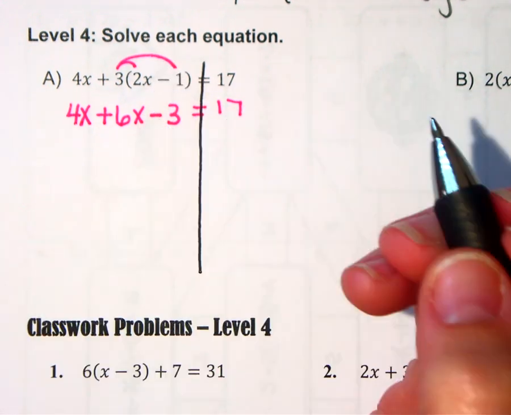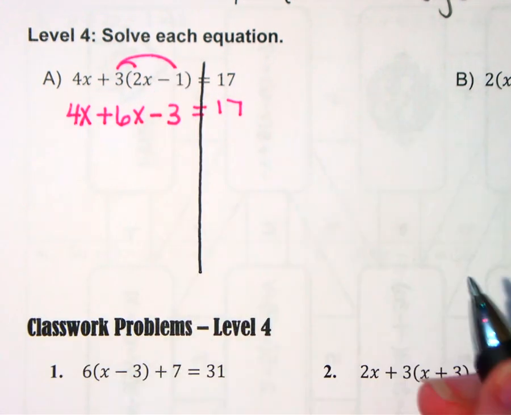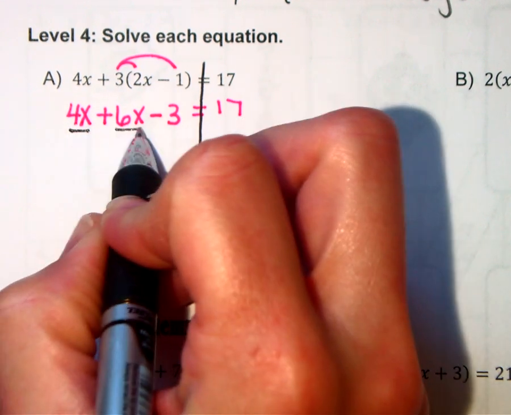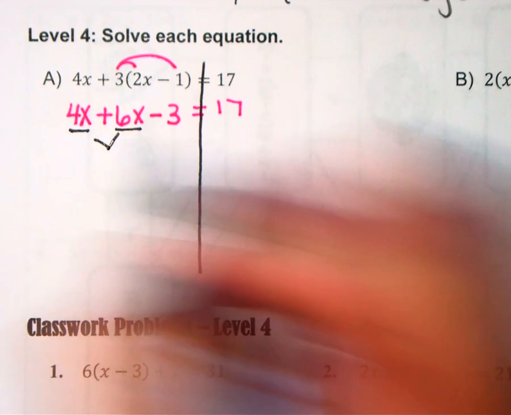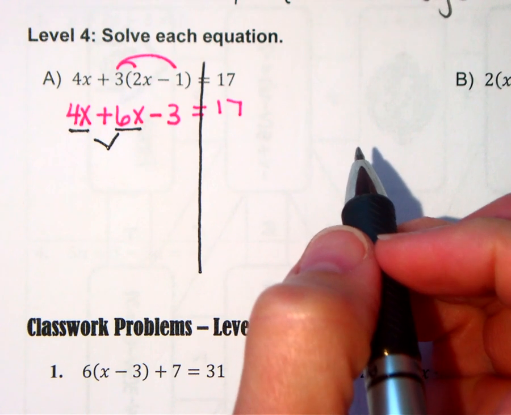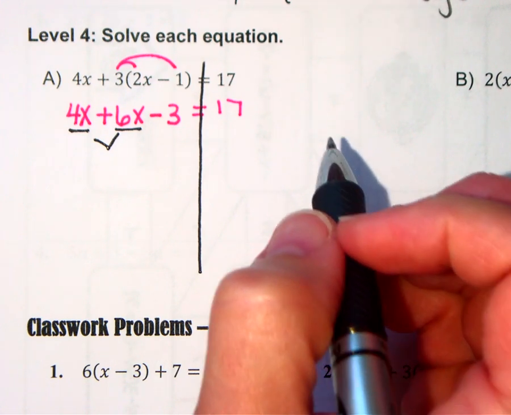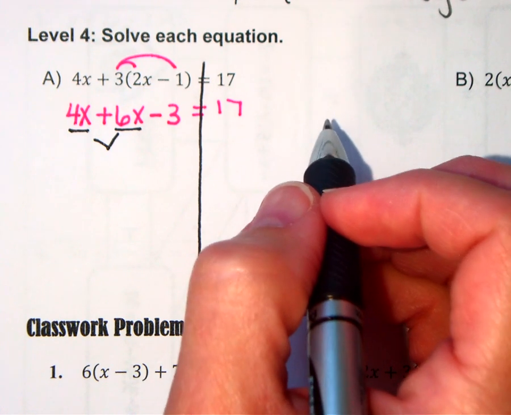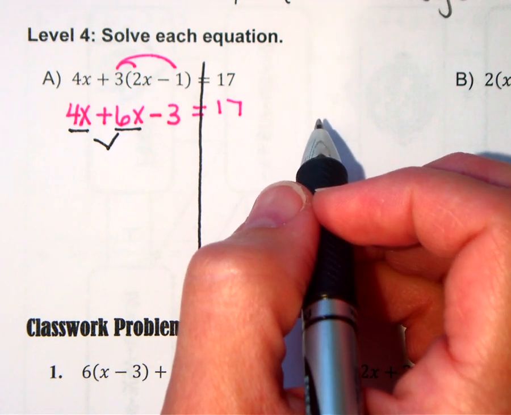Okay, so then are there any two things that I can put together? Here I've got a 4x and I've got a 6x, so I can put those two things together. If they're on the same side, don't do the opposite, just put them together. I know that's hard because we've been doing a lot of doing the opposites, but since they're on the same side, you're going to use the same sign that you're seeing and add them together.